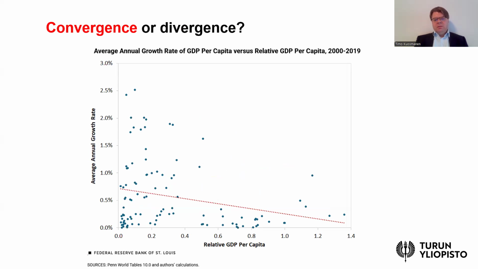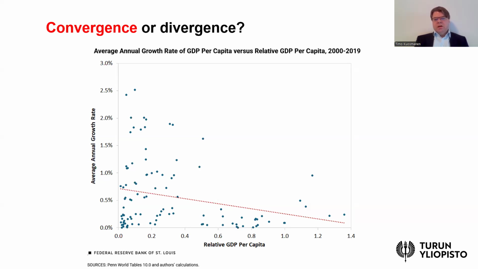In a similar way, the dots in this diagram are countries, and again the horizontal axis is the relative GDP per capita, the level of income per head, and the vertical axis is the growth rate in GDP per capita. So interestingly, now in the 21st century, the highest growth rates have actually been in the poorest countries.